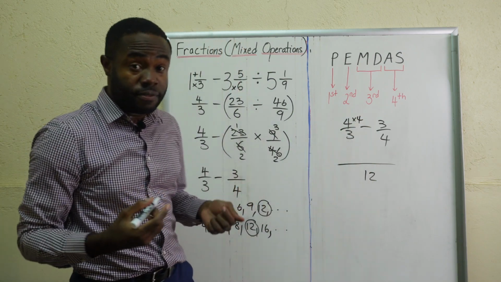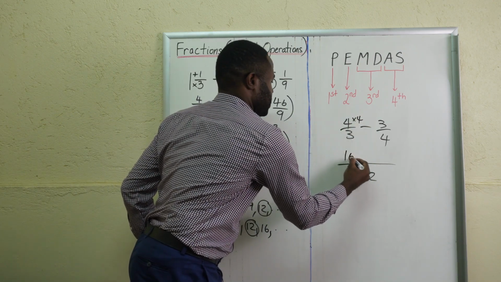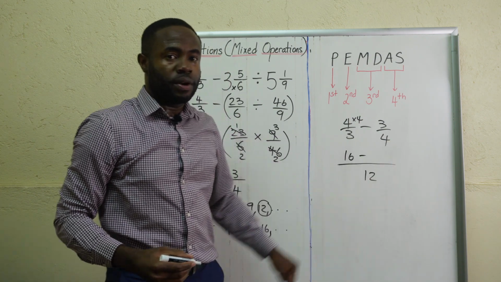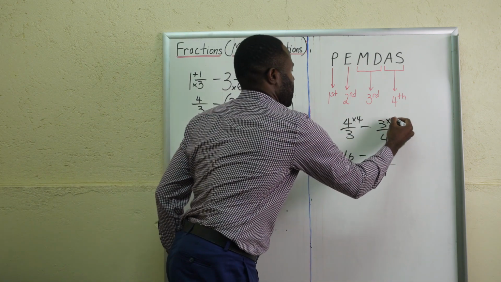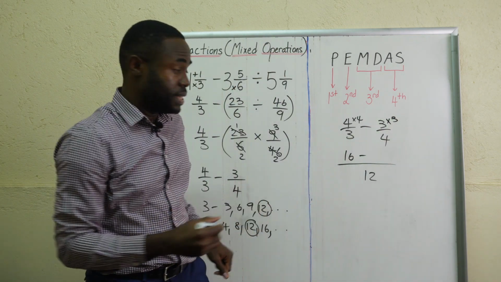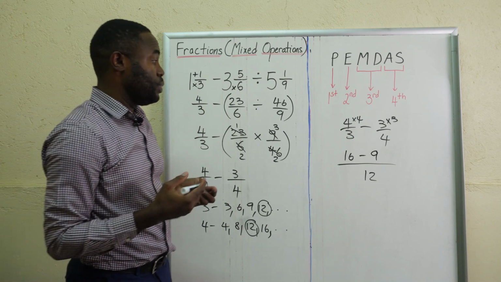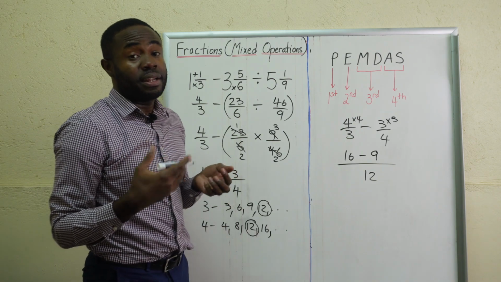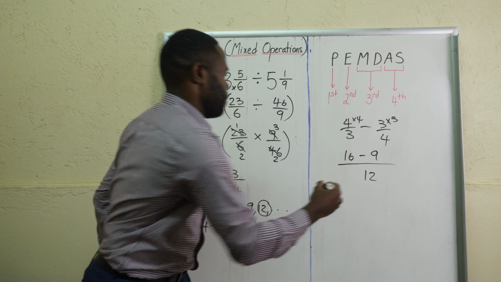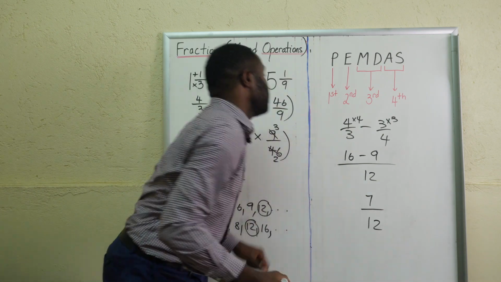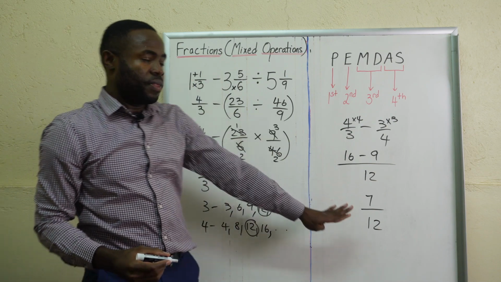So that's 4 times 4, which is 16, minus, and then divide on this side as well. 4 into 12, that goes 3 times, so it's 3 times 3, which is 9. So now we are going to find the difference between 16 and 9. And the difference between 16 and 9 is 7. So that's 7 over 12. So from this, we end up with this.